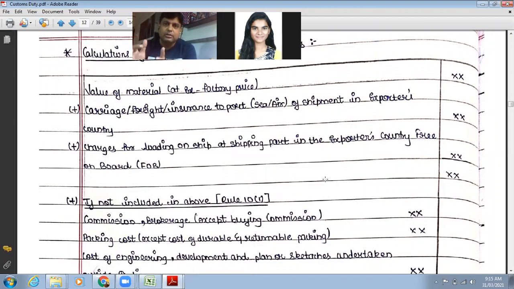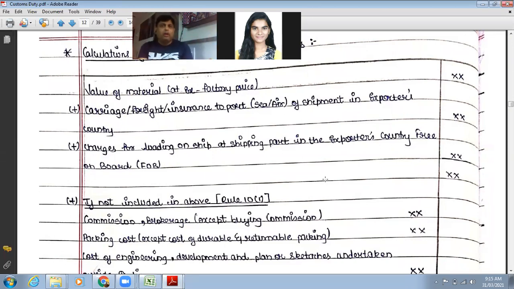It is inclusive. So whatever the cost of production they have incorporated, that is the ex-factory price. Again on that, whatever transport and insurance they incurred till taking the goods into the dockyard or port, that is included. And from that port, again, whatever cost we have incurred to load those products into the ship, that is included.